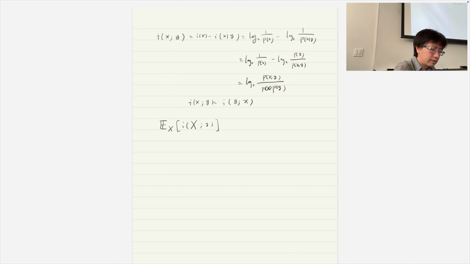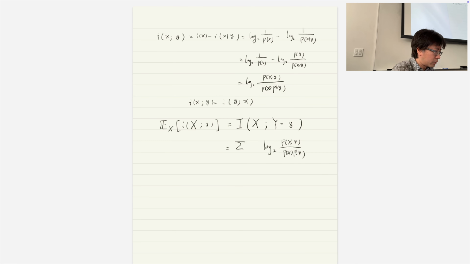Okay, and here, when we do that, we'll give it a new name. New notation: we use I to represent the expectation. So it becomes I(X; Y = y). And that equals what? Inside is this guy, and then the average is over X only.